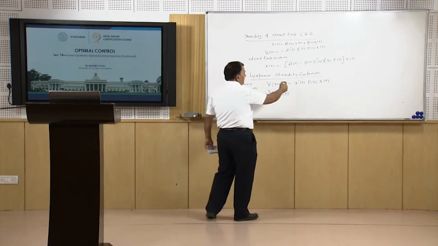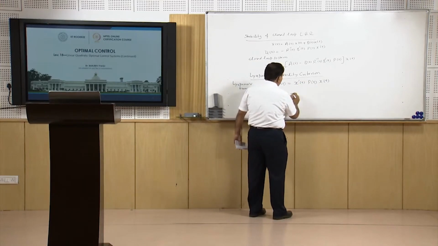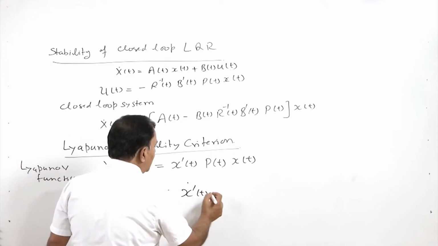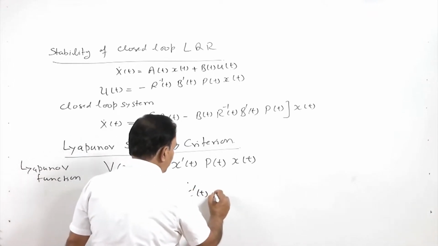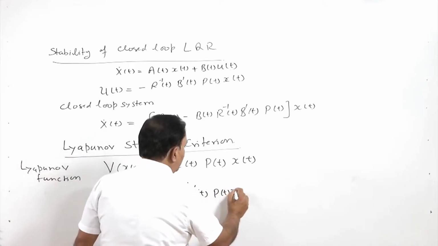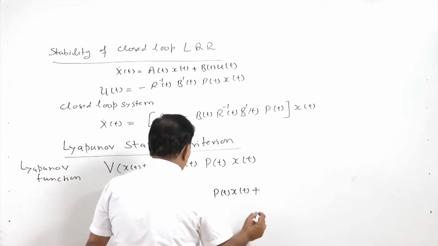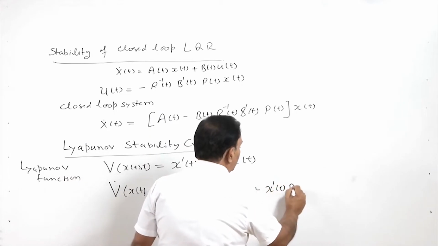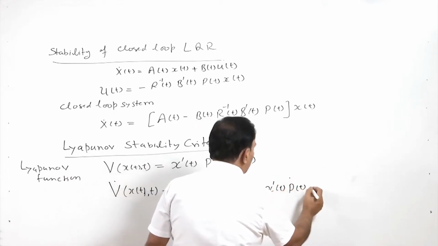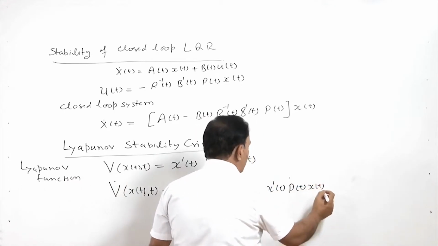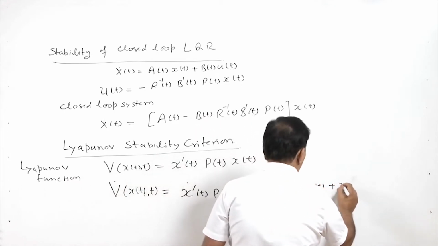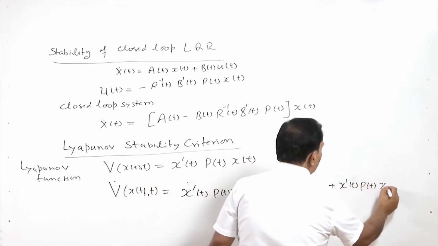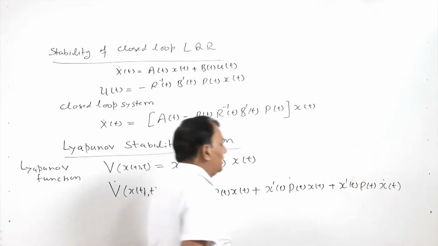If my V is x prime P x, then V dot will be x dot prime(t) P(t) x(t) plus x prime(t) P dot of t x of t plus x transpose of t P(t) x dot of t.